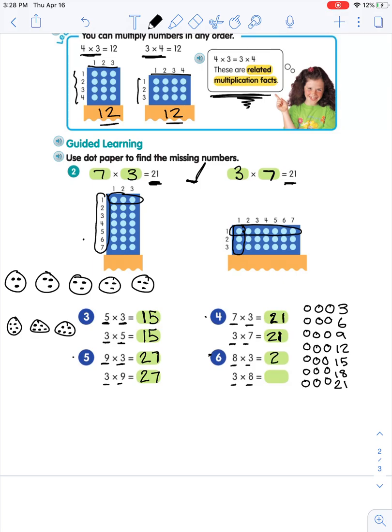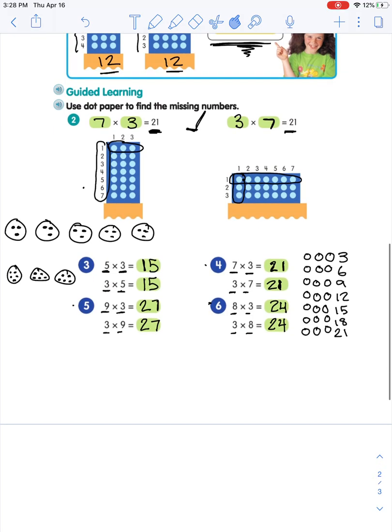That would just be 3 less than 27, which is 24. Let's double check though. Let's skip count together. Get out your fingers and get ready. Let's do it 8 times to see what we land on. 3, 6, 9, 12, 15, 18, 21, 24. There we go. We are correct.